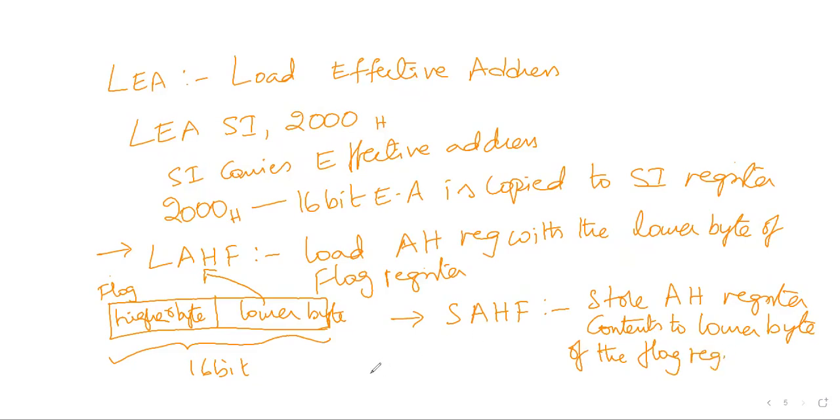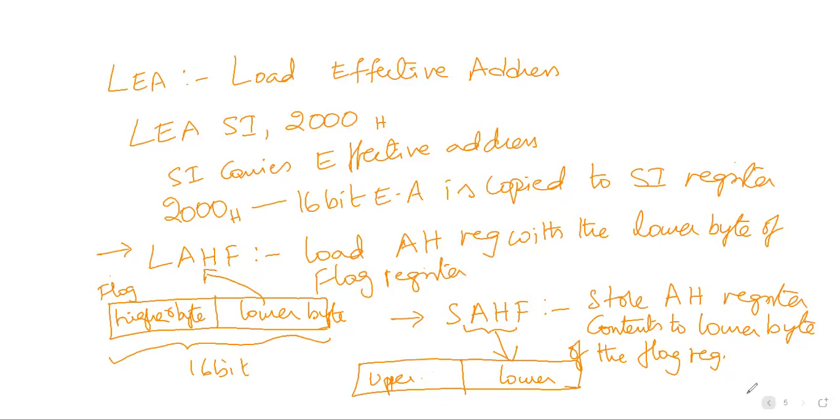This is again the flag register, this is the lower byte, and this is the upper or higher byte. Now the AH register contents are stored into the lower byte of the flag register. In LAHF, the lower byte of the flag register is copied into the AH register.